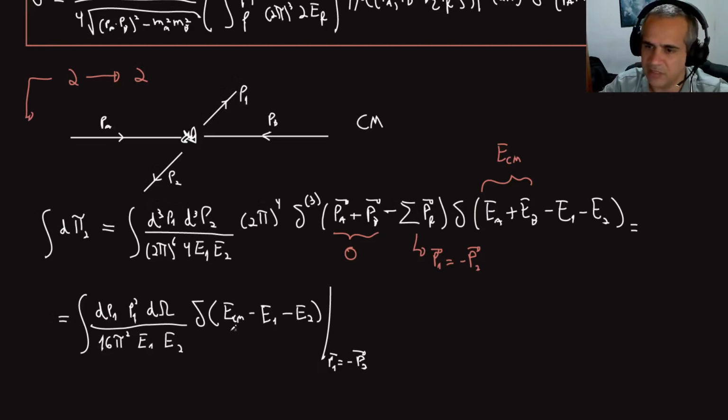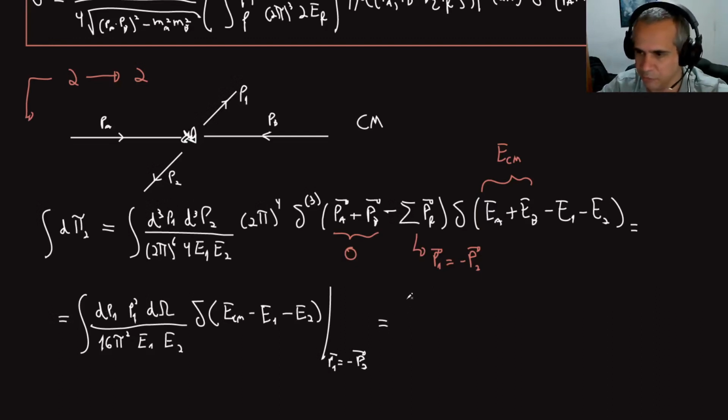With this delta in energies, you have to do the same I did a few moments ago to get the Moller invariant flux. It's the same thing because I'm integrating P1. I don't want to do the integral in the solid angle for now.